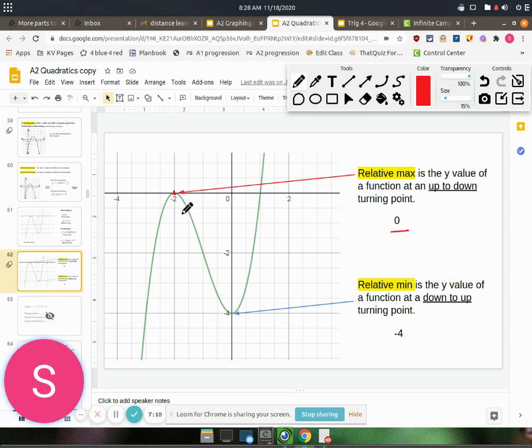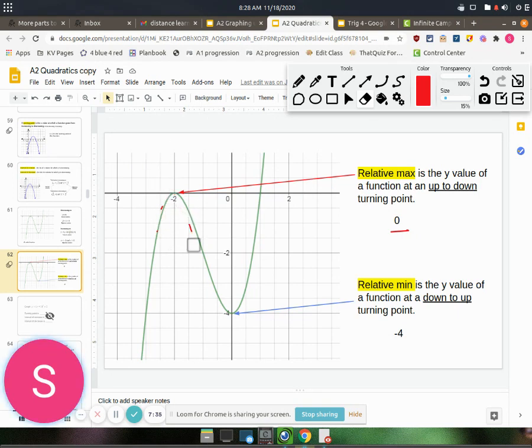The turning point would be negative 2 though. And this is a relative maximum because it's higher. It's got a high spot. It doesn't have a low spot like this one. Remember, like the quadratics, if they opened like that, we said they had a maximum. It's the same idea there.